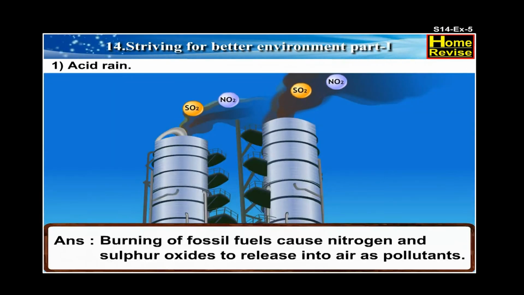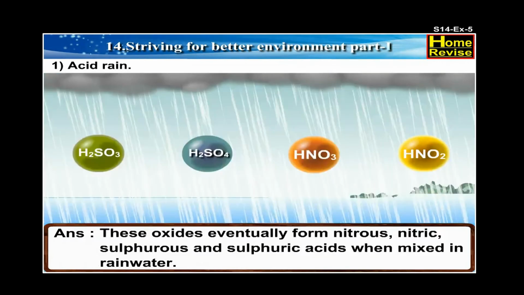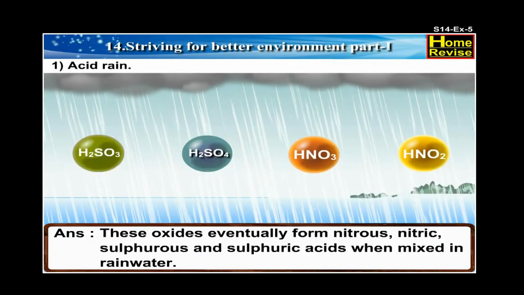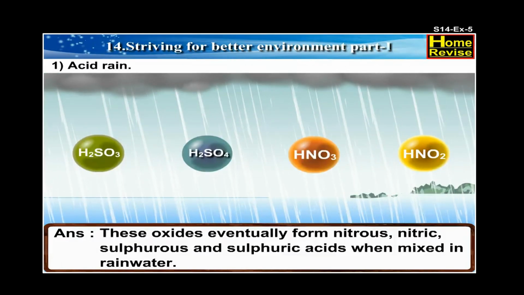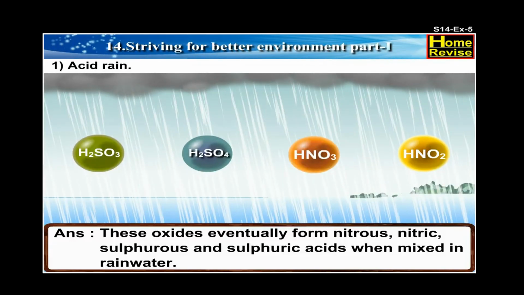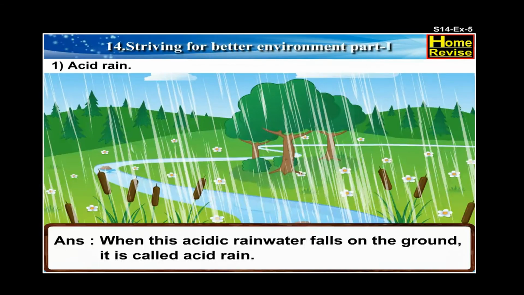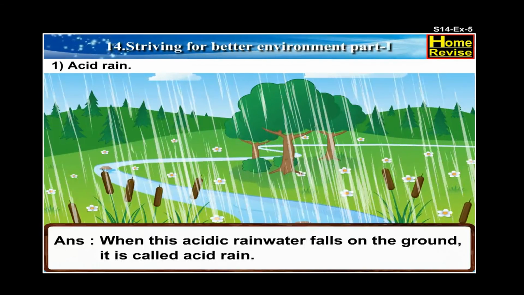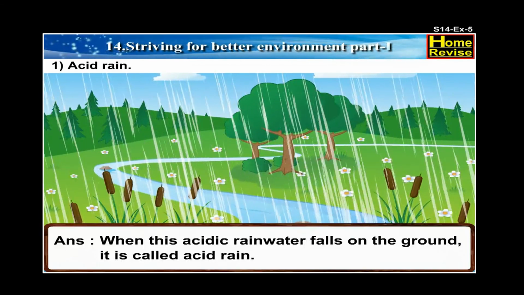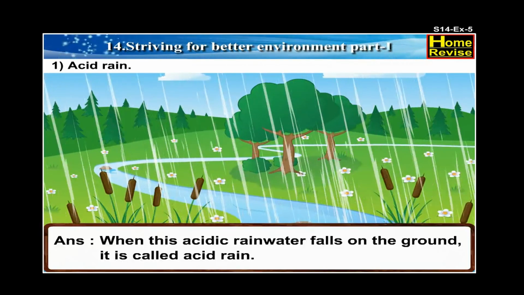Burning of fossil fuels causes nitrogen and sulfur oxides to release into air as pollutants. These oxides eventually form nitrous, nitric, sulfurous and sulfuric acids when mixed in rainwater. When this acidic rainwater falls on the ground, it is called acid rain.